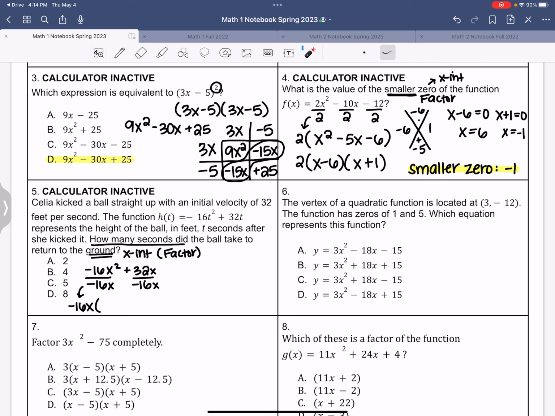Since I have x squared and I took 1 out, this exponent is going to become a 1, and that's going to leave us with just an x. Next, a positive over a negative is a negative. 32 divided by 16 is 2, and these x's will cancel one another out. So then we set those equal to 0.